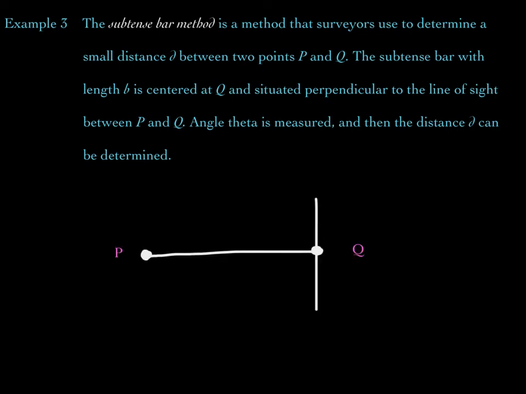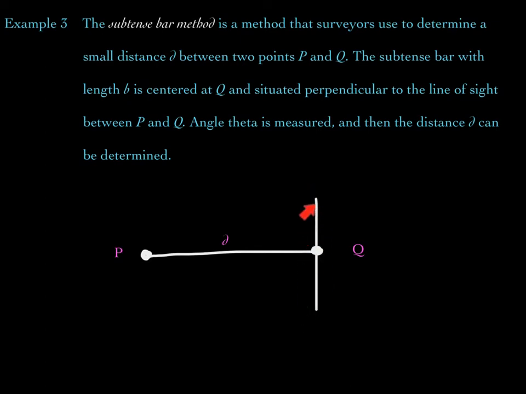All right, so here are the 2 points P and Q. Now, the problem says that surveyors use this method to find the small distance D, which is the distance between these 2 points. So the distance here between these 2 points P and Q is what's called D. So let's label this D. They say that a subtense bar with length B is centered at Q. So that means this is the bar.